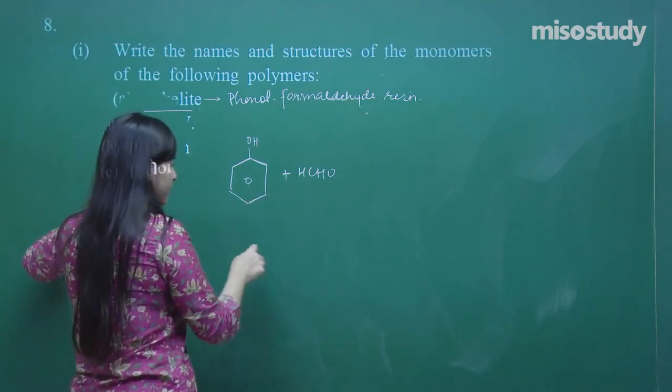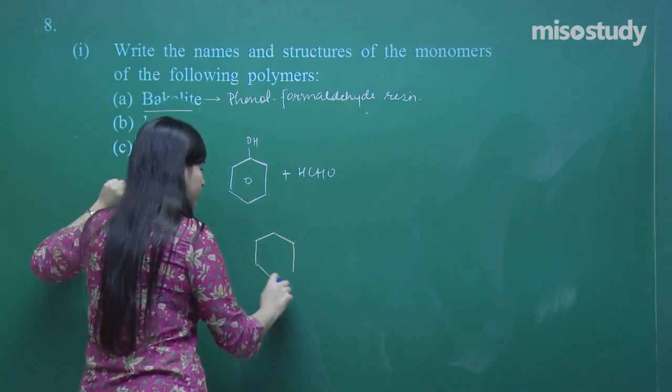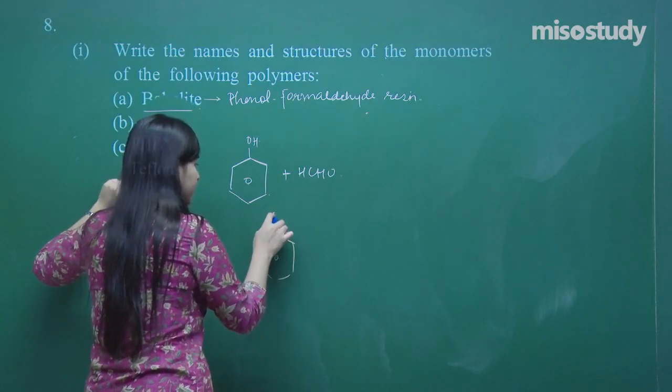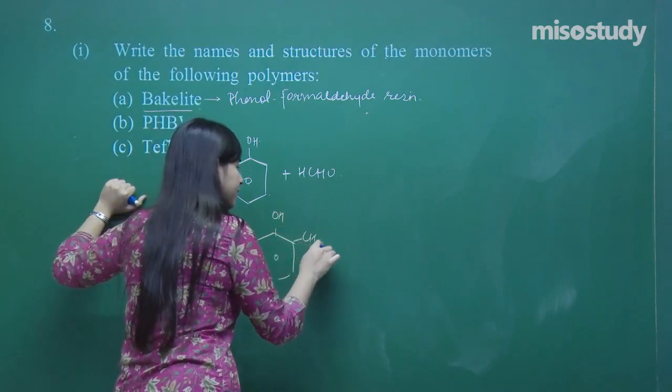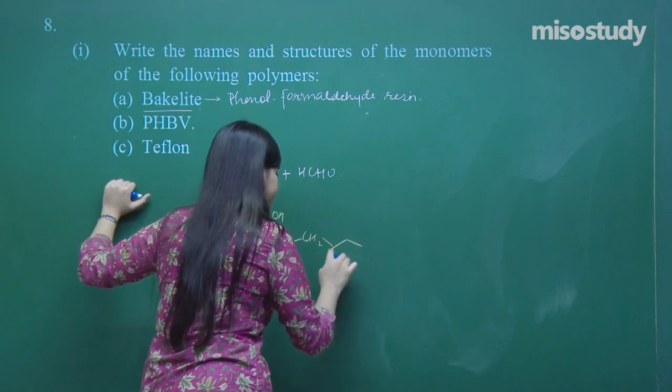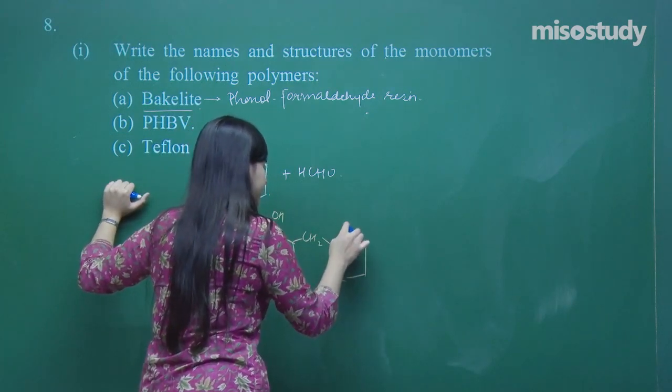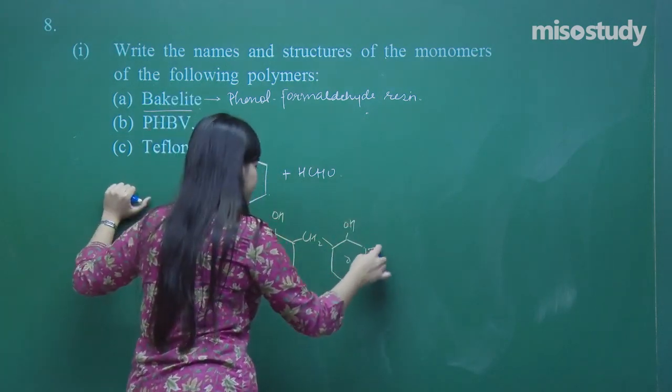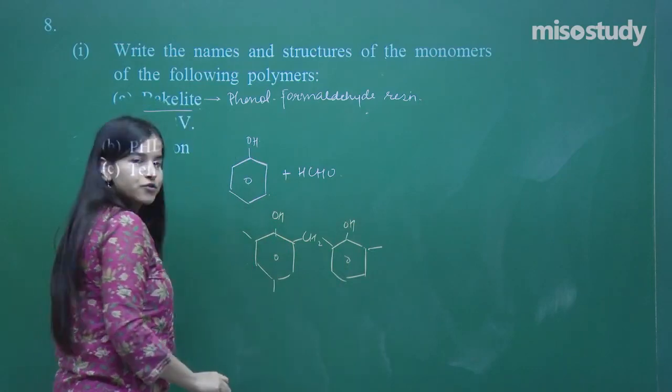So what we get from here is the bakelite. I am just giving you an idea about how the bakelite looks. It's something like this, OH and so on, along with the connections over here.